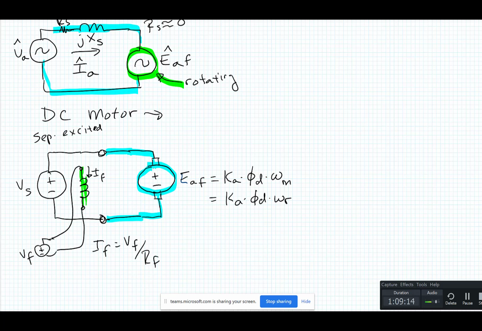Now there's one other thing. This is a coil. There's a coil here, but we cannot ignore the resistance. So there is a resistance, and actually I'm putting it in the wrong place. It's moving, so it's on this circular part, and so I'm going to redraw this like this.